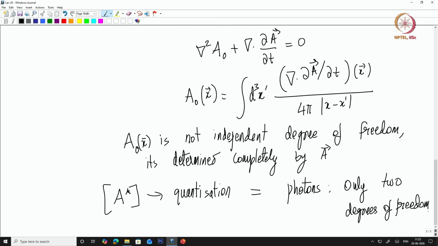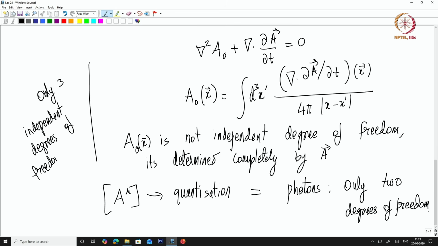But even that is large, because you have 3 independent degrees of freedom, and that itself is more than the physical degrees of freedom of the photon, which are only 2.